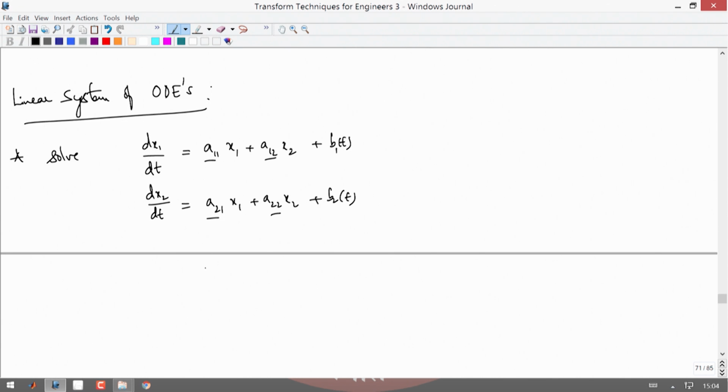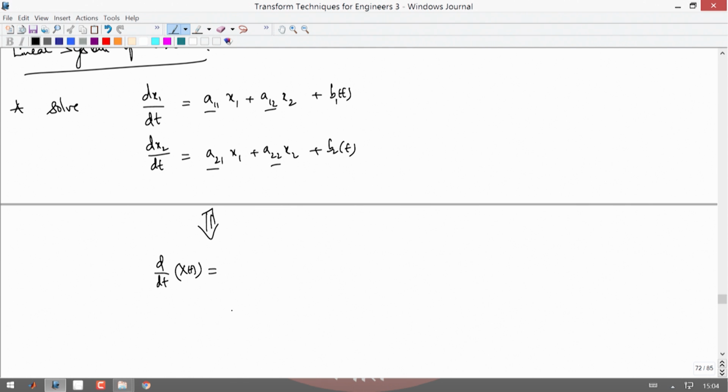You can put this in an equivalent form, that is d/dt of x of t equals A x of t plus b of t, where A is a 2 by 2 matrix with these constants.